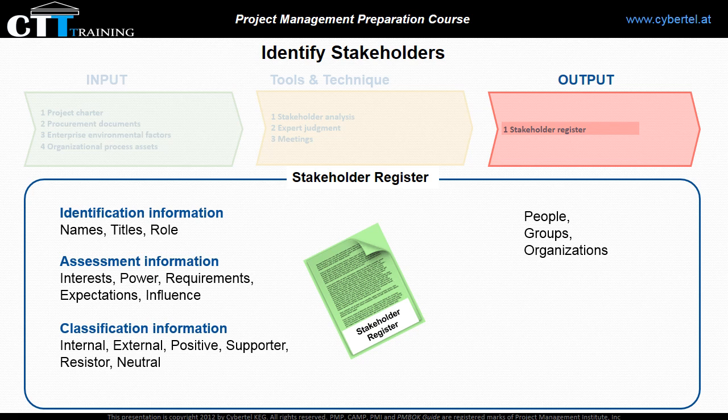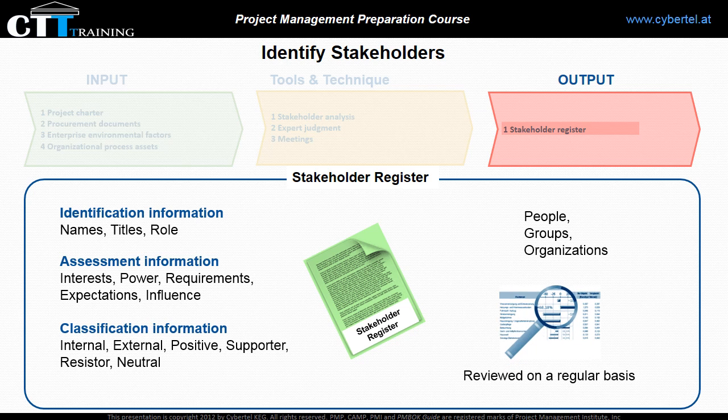You are free to customize the stakeholder register as per your project requirement. The stakeholder register should be reviewed and updated on a regular basis, because you may add or remove stakeholders throughout the project lifecycle. Here is an example of a stakeholder register.